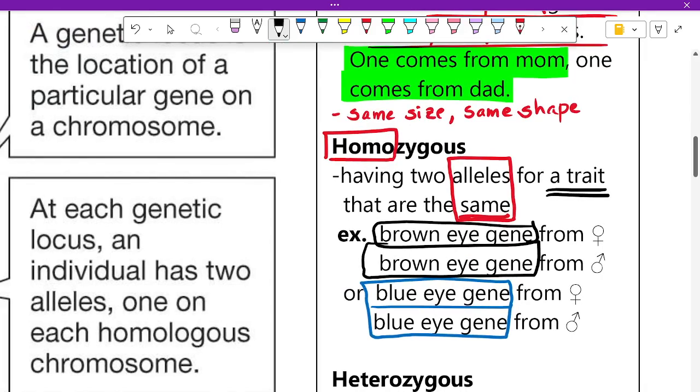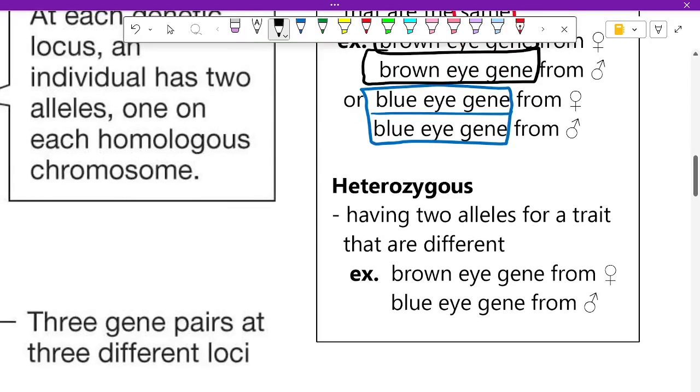But in the meantime, if you are homozygous, you got 2 copies of the same allele. If you are heterozygous, hetero means different. You're probably familiar with both of these prefixes from homosexual and heterosexual.